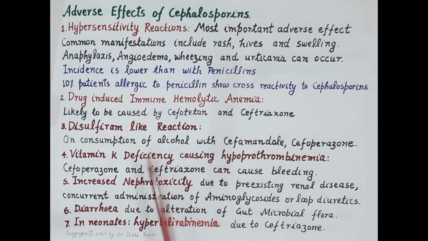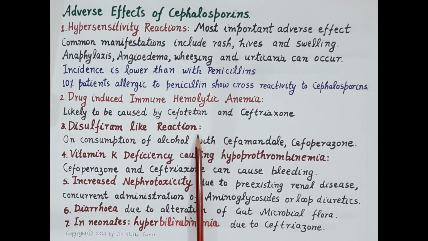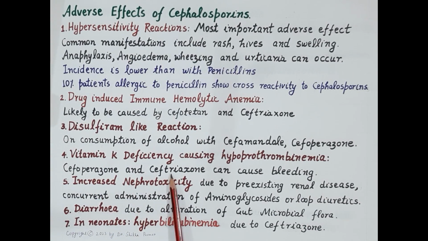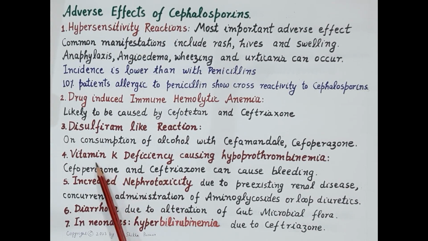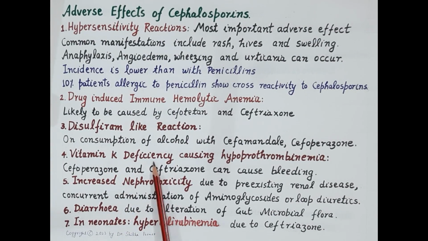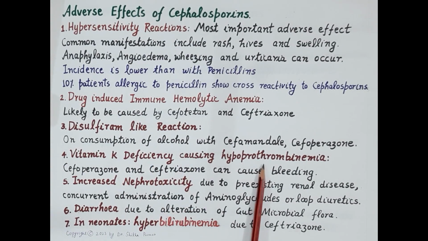Consumption of alcohol with cefamandole or cefoperazone can cause disulfiram-like reactions. Cephalosporins like cefoperazone and ceftriaxone can cause vitamin K deficiency, resulting in reduced synthesis of the clotting factor prothrombin. This causes hypoprothrombinemia, and this results in bleeding.